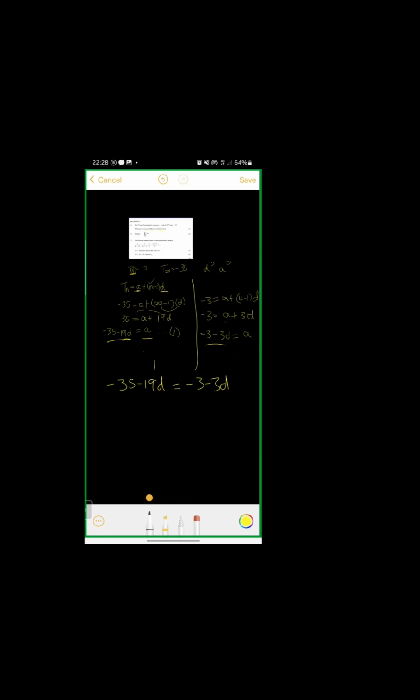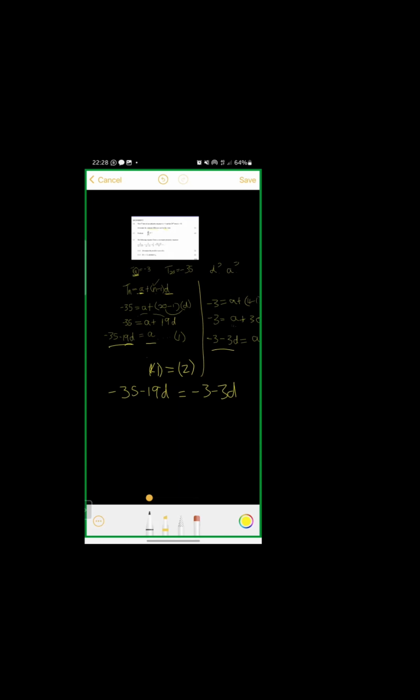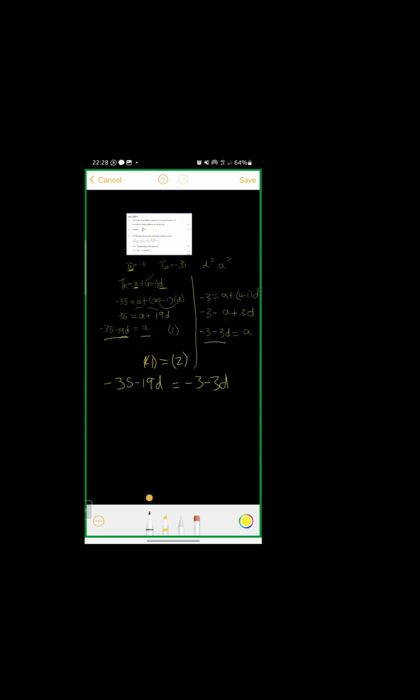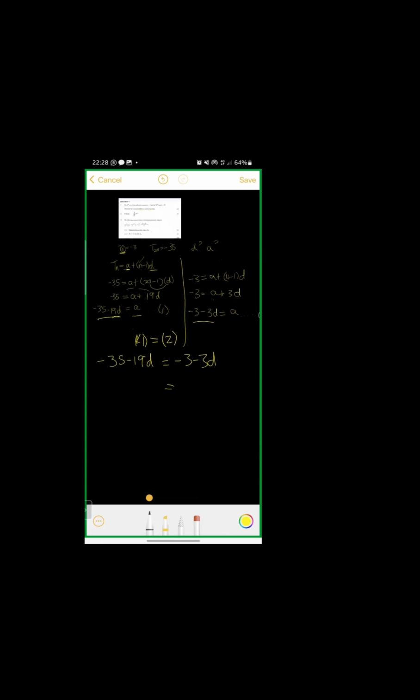We can do that. It makes the flow easier, at least that's what I think, for our marker. Yeah, we can say that. Let's continue.